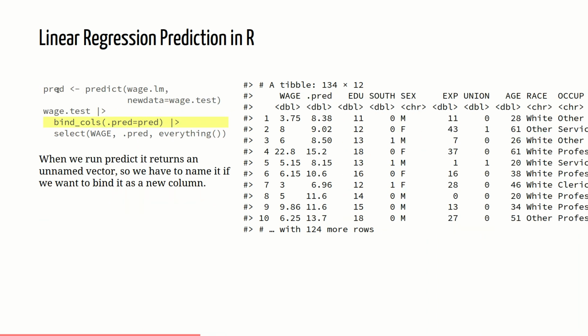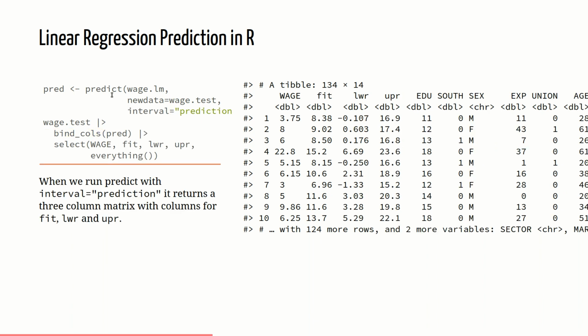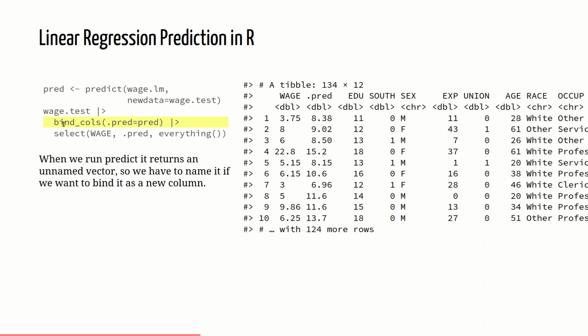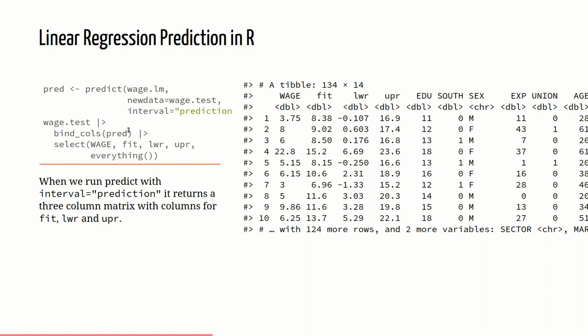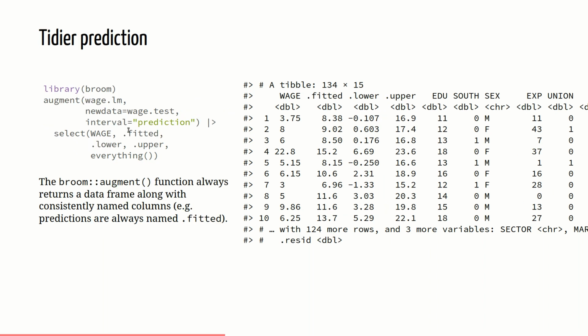The predict function either returns a vector or a matrix. Two different things, right? That you've got to deal with in different ways. So if it was a vector, then I had to name the thing as I bound it to our data frame. With a matrix, I didn't have to because it's already got names. The augment function tidies that up. Okay, so there's not much to tidy up here because it's just a vector versus a matrix, not a huge issue.